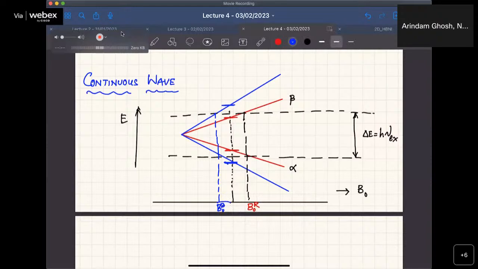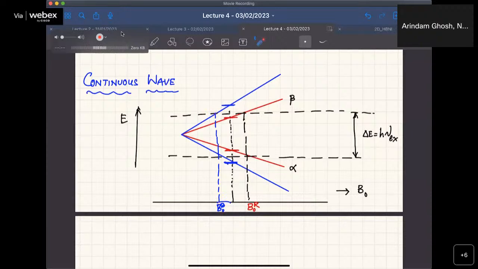So for the same excitation, continuously irradiating this sample, with this much energy gap, when the main magnetic field B0 is this particular value, the red one's resonance condition is satisfied. But when the B0 is shifted to this value, then the blue one's condition is there.